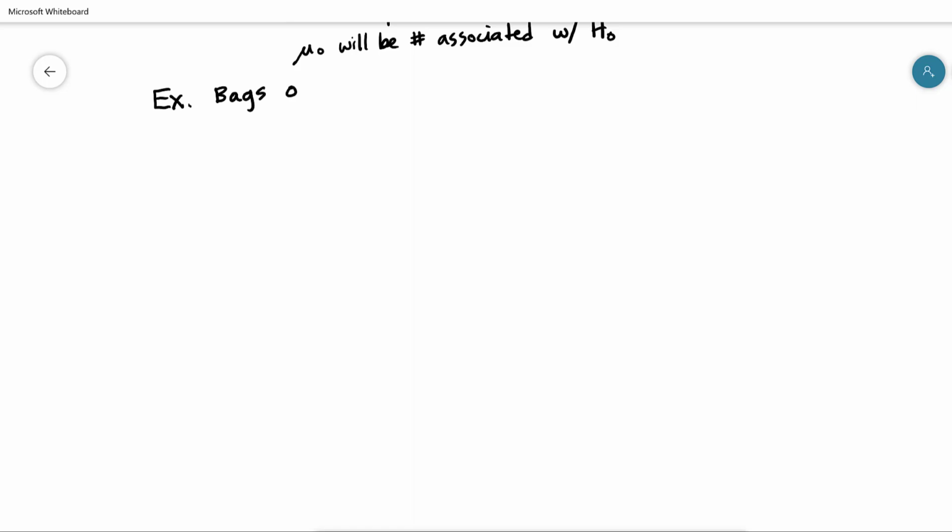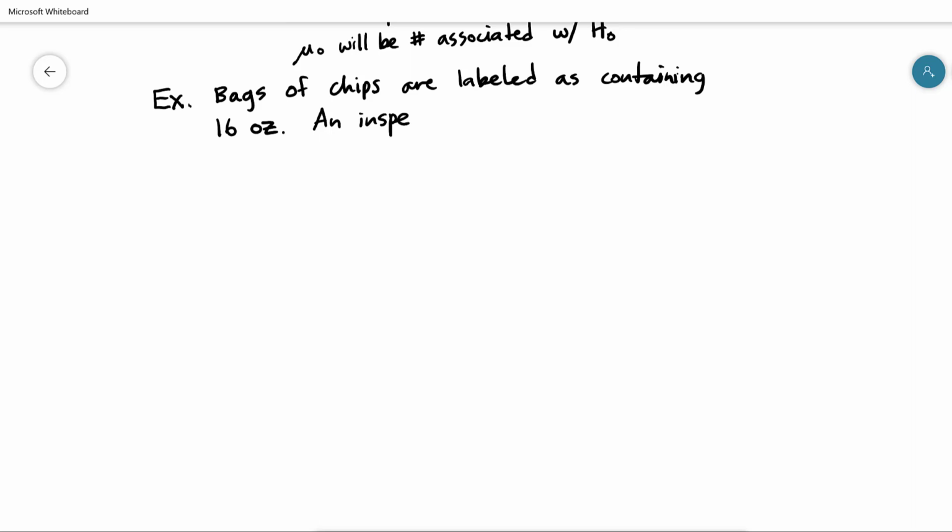we're looking at bags of chips. So bags of chips are labeled as containing 16 ounces. But an inspector weighs a few, so they suspect, based on some evidence that's not even mentioned in the problem, that I'm not going to specify.